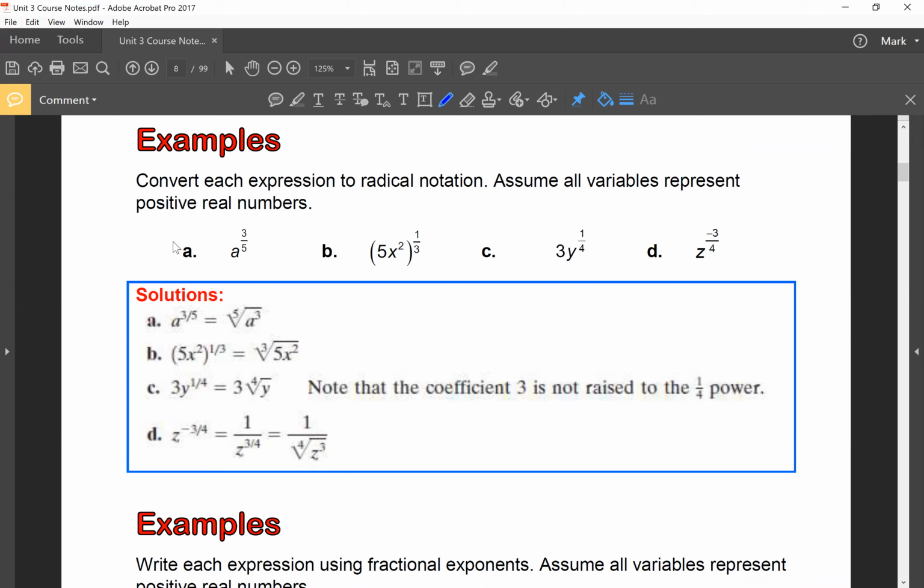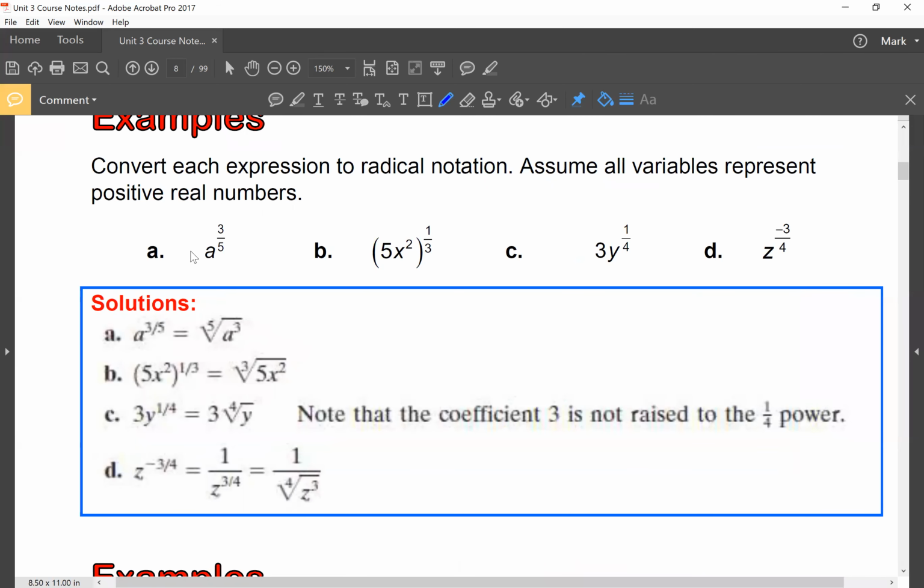Before we start A, just remember that if I have x to the 1/2, this would be the square root of x, and technically I would put a 2 here. The number in the bottom of this fraction equals what goes in front of the root sign.